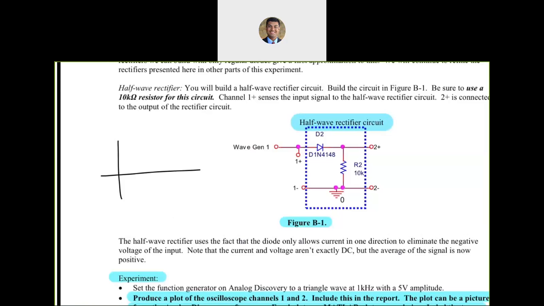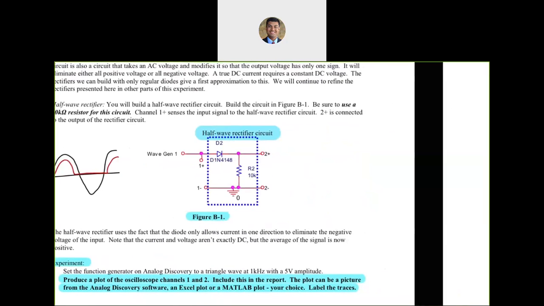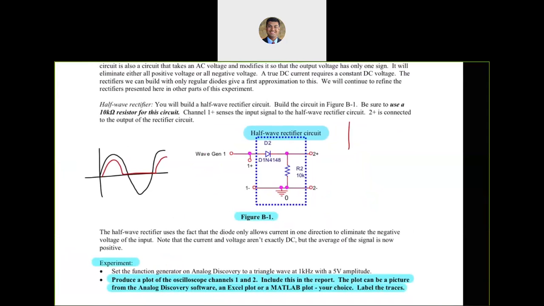So if your wave gen is doing this, your voltage across the resistor R2 is essentially going to be doing this. And we saw that. So by using this half wave rectifier, input is this and the output is this.